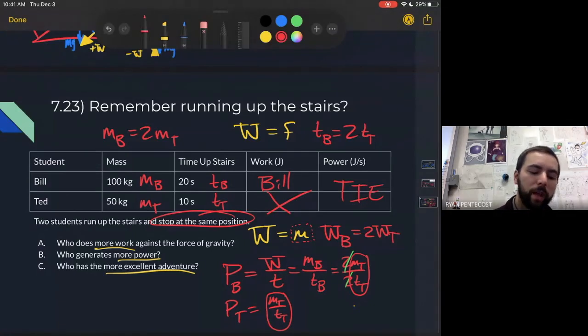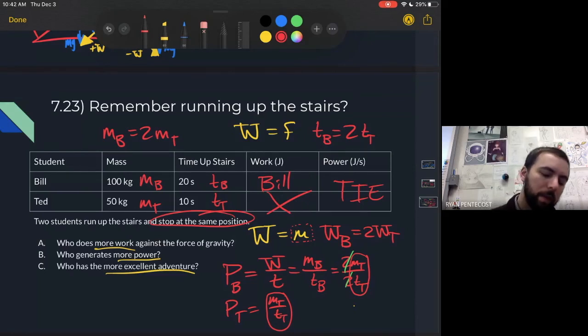Also, if we look at Ted, if he did half the work, but he did it in half the time, so he wasn't working as hard, but he did it twice as fast. So that's all going to kind of cancel out, and you're going to see that they generate the same amount of power by doing different amounts of work depending on how long it takes them to do the work.